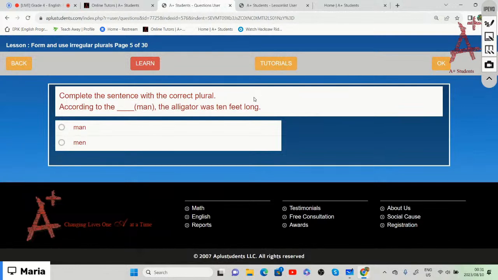We need to choose the correct plural of the word man. So the plural form of man is men.